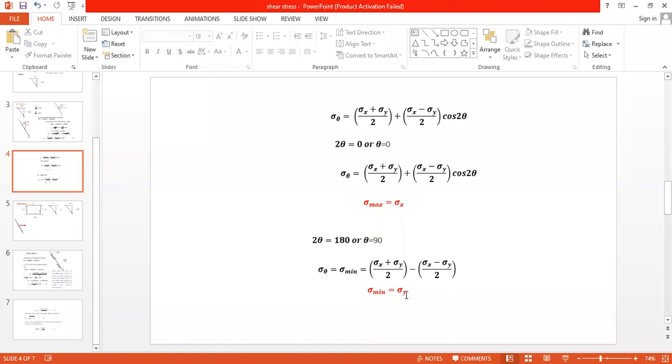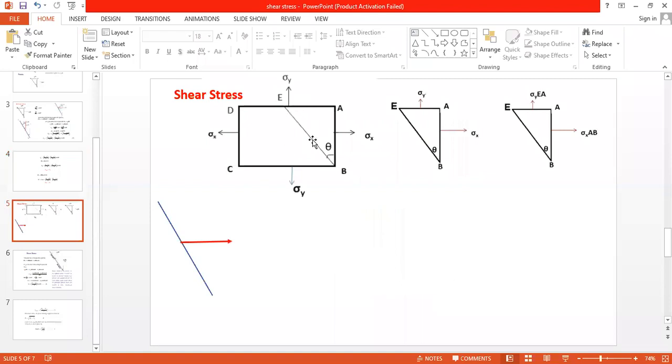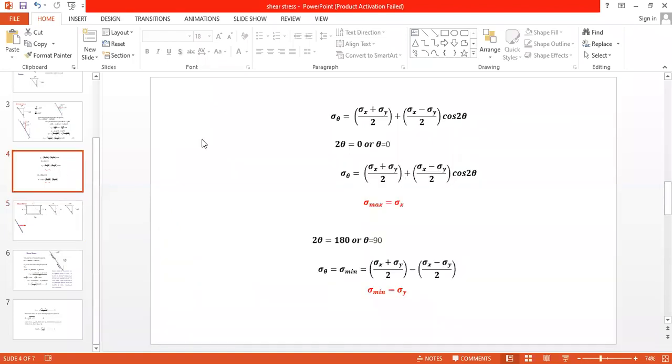This is your minor principal stress, or the minimum normal stress acting on the body. And for this type of loading only, it is not for other types of loading.